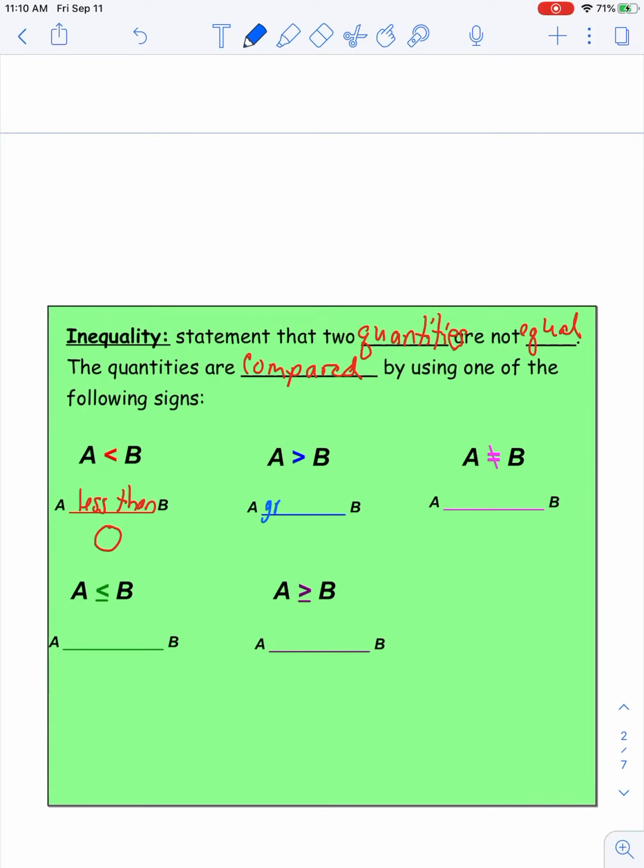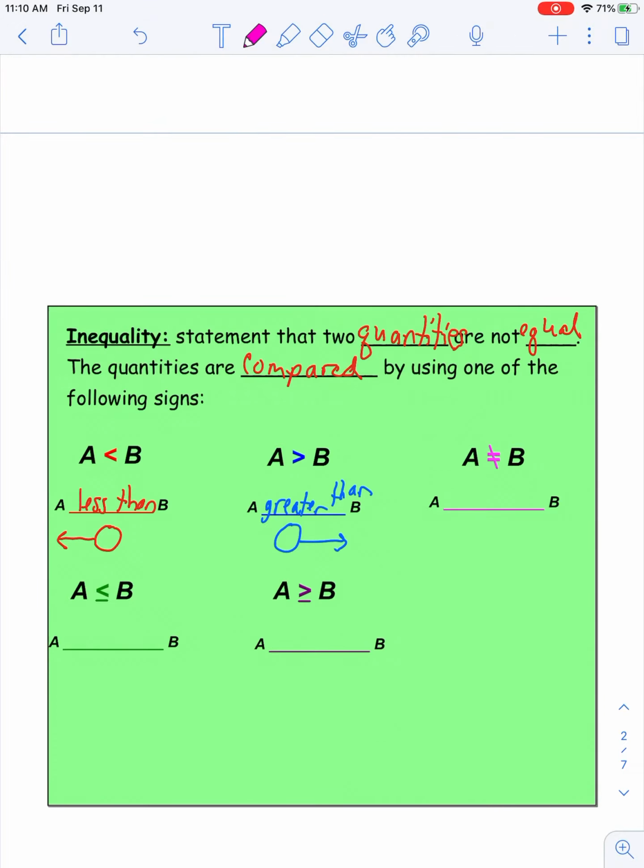So A in this case is greater than B. And if we were going to graph all the numbers that were greater than a number, again, we would have an open circle, and we would be going to the right because those are the values greater, where we would be going to the left for less than a certain number.